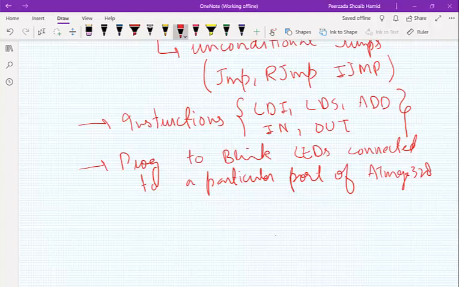For that, we discussed the various ports associated with the Atmega 328 microcontroller, how we configure ports, and how we then send data out of any port.